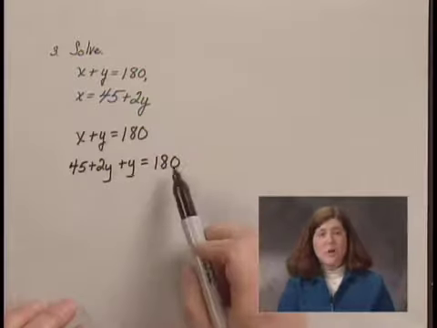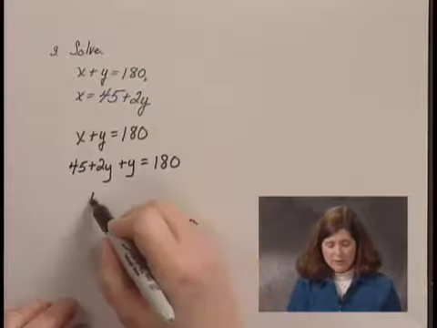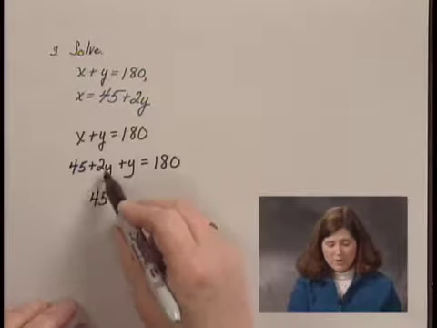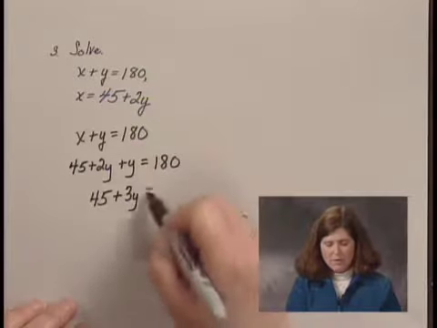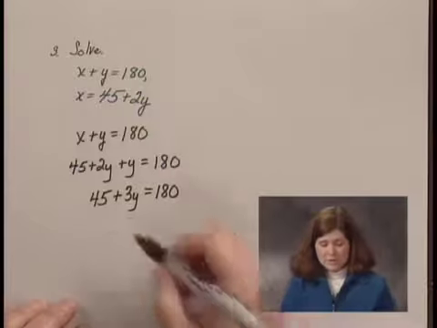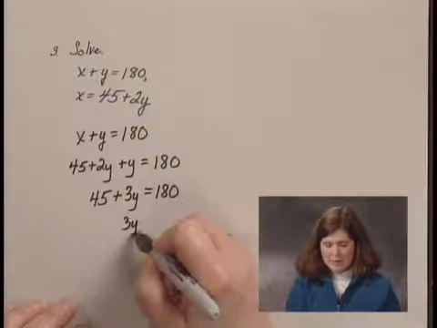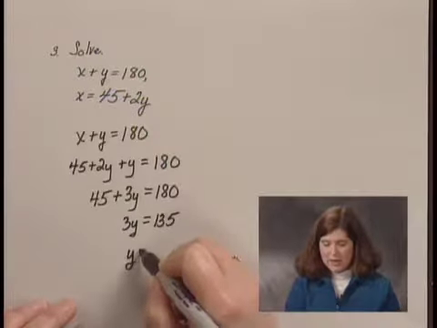And now I have an equation with just one variable. I will solve for y. I have 45. 2y plus y is 3y. So 45 plus 3y equals 180. Now I subtract 45 from both sides, and I get 3y equals 135, or y equals 45.